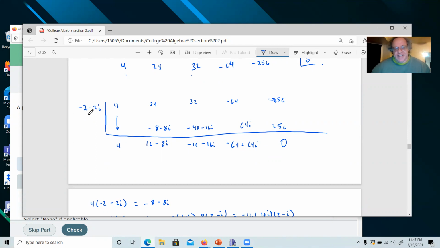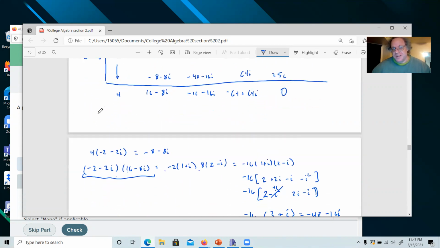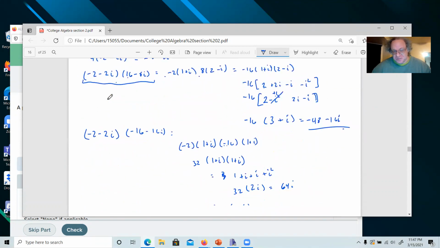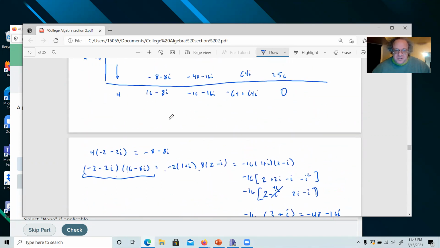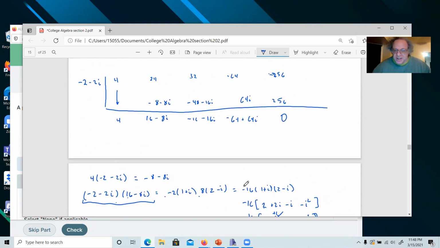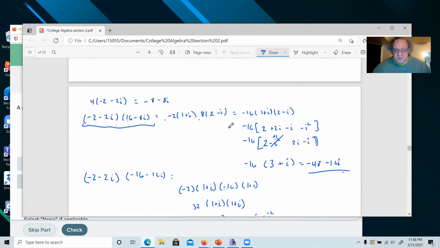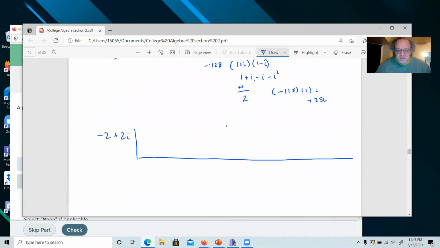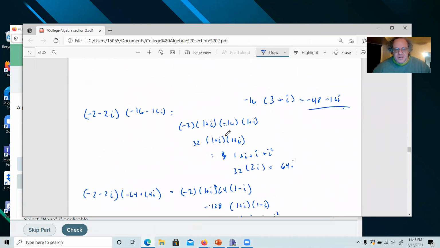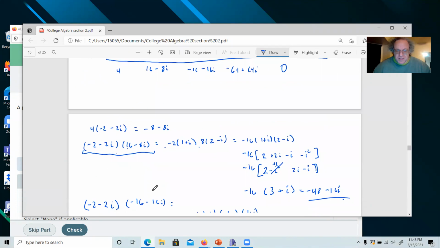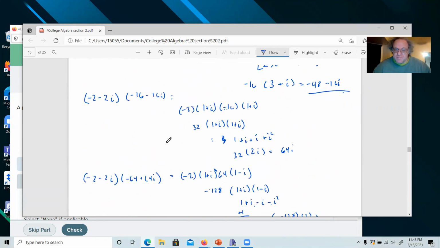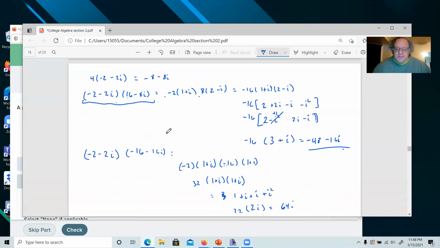Now, since -2 minus 2i was a root, -2 plus 2i is also a root. So -2 plus 2i also goes into this mess. All we're going to do is pull these coefficients down and put them on the next coefficients. So that's 4, here we have x to the 5th and x to the 4th. This one is 4x cubed. Okay, 16 minus 8i.